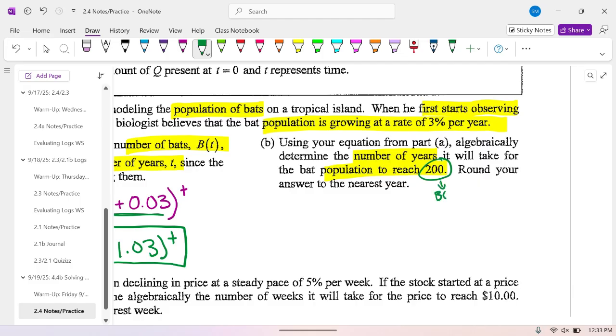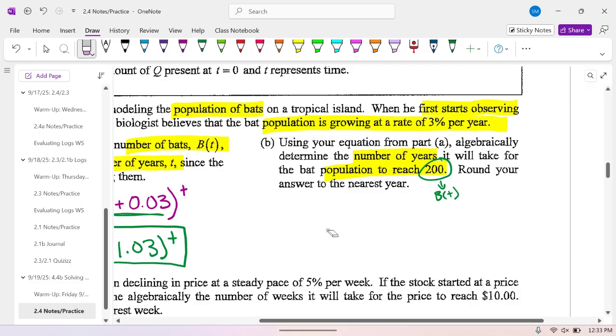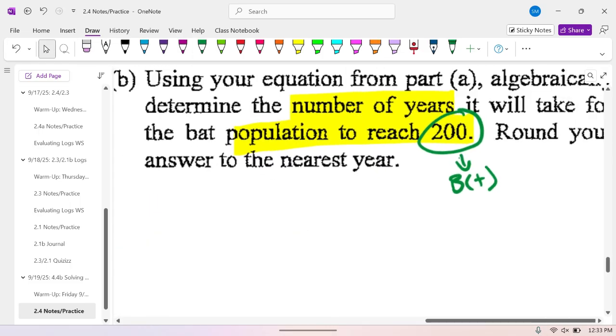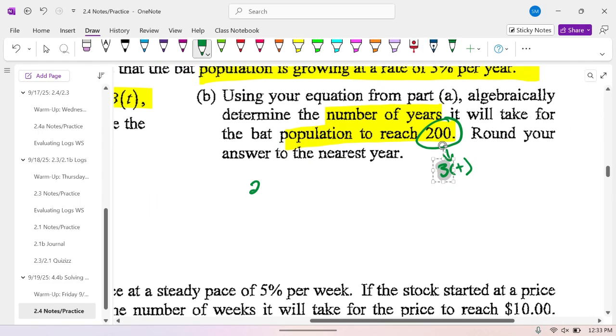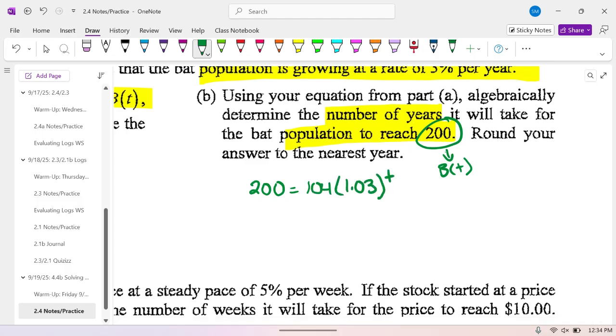Because remember, B of T is your population, whereas T is your time. We're trying to find our time. So I'm going to plug 200 into my formula. So this would be 200 is equal to 104 times 1.03 raised to the t power.